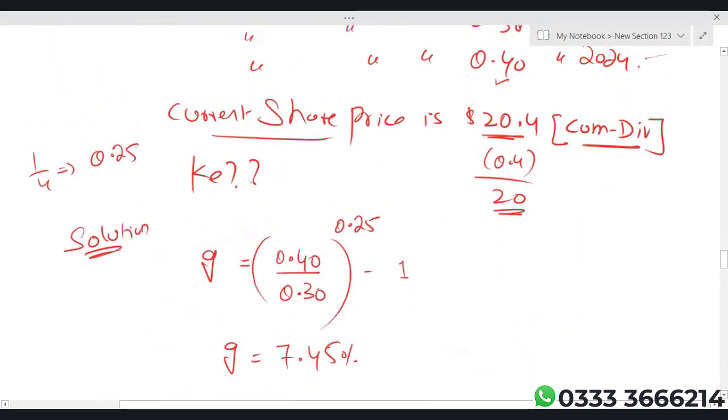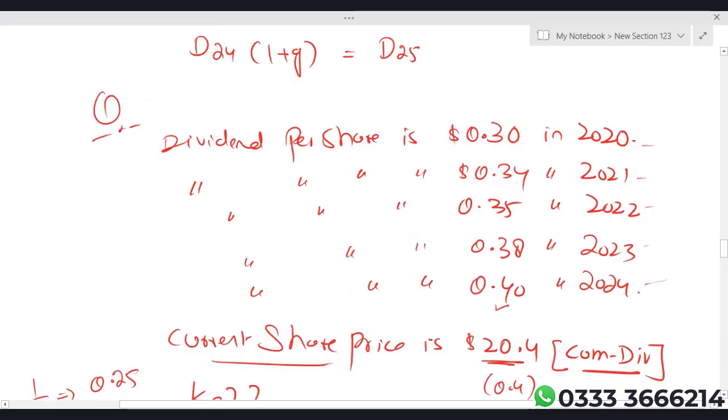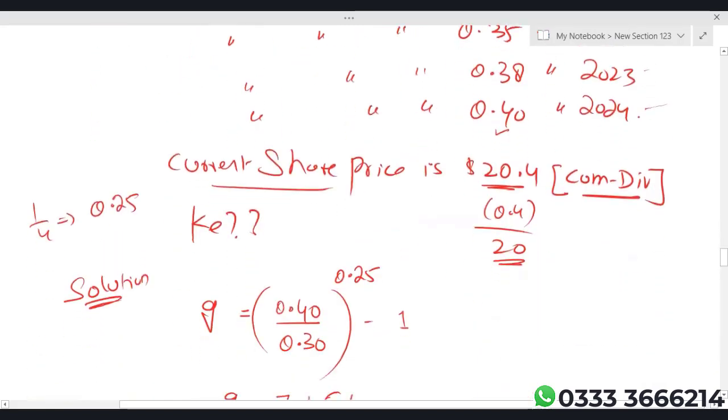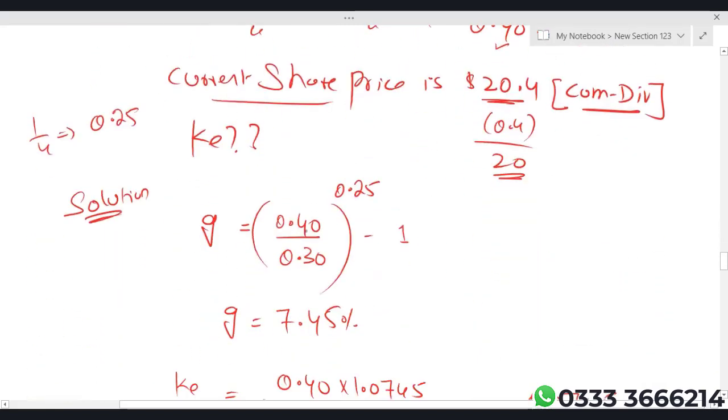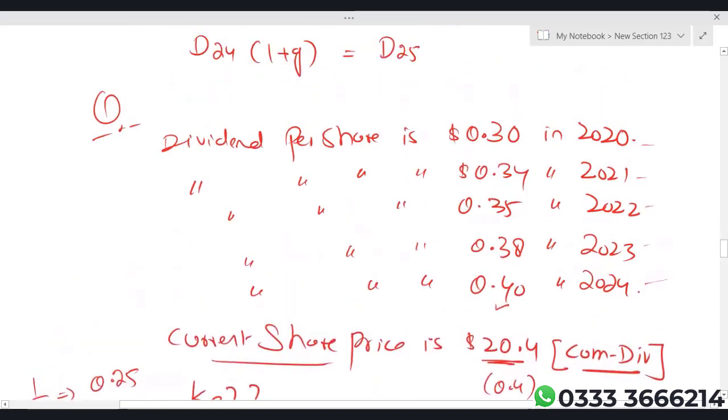Here, the examiner has given us 5-year data. So how did we calculate the growth rate? Last dividend divided by first dividend, the power was 1 upon 4, which means 0.25. If you have been given 5 years of data, the power will be one less. So 5-year data means the power is going to be 1 upon 4.